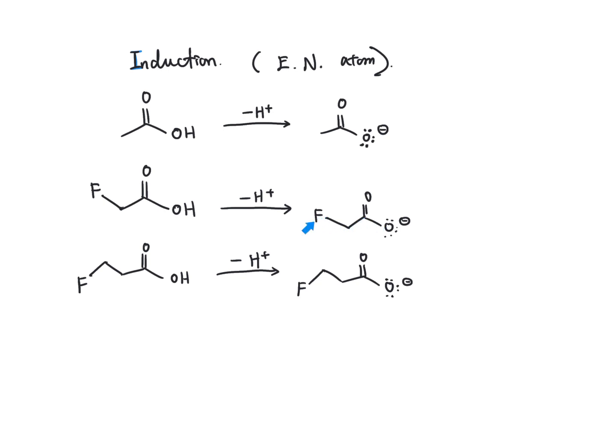Because it's electronegative, it can draw the electron density towards itself through space. And so does the third one. However, the third fluorine is 4 bonds away: 1 bond, 2 bonds, 3 bonds, 4 bonds.